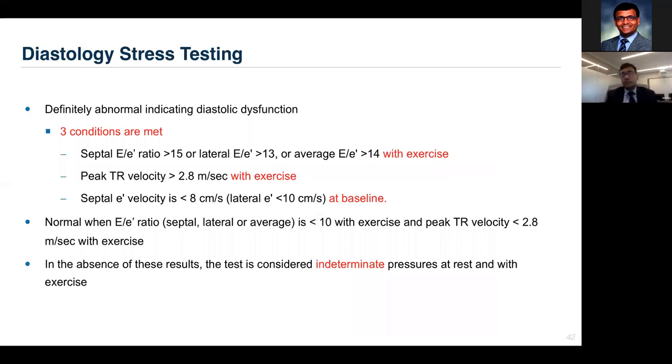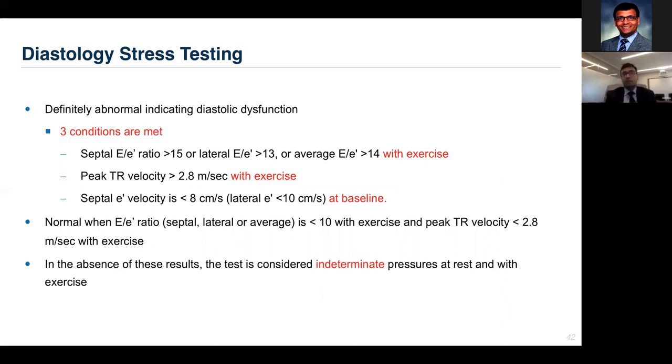As I stressed several times in my presentation, whenever you are not sure in a given situation, instead of calling it indeterminate and stopping at that phase, you may look for more variables to see if there are any abnormal variables, or you may call for stress testing, particularly if the patient is symptomatic and you're concerned that you're missing a diastolic dysfunction.